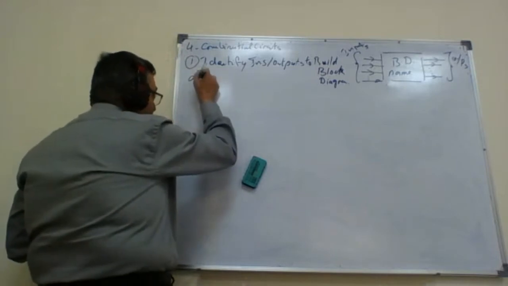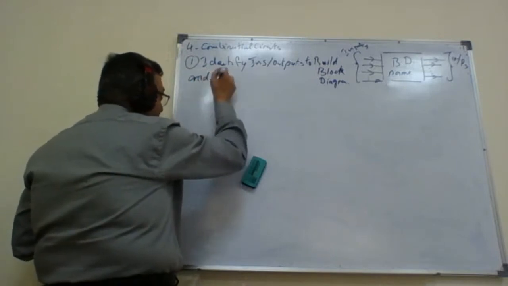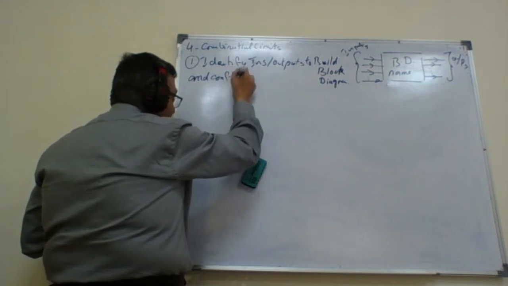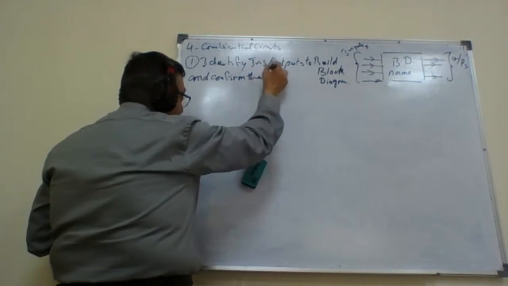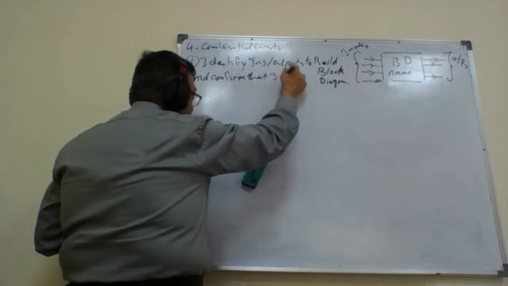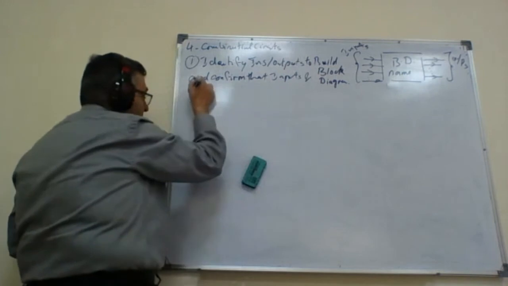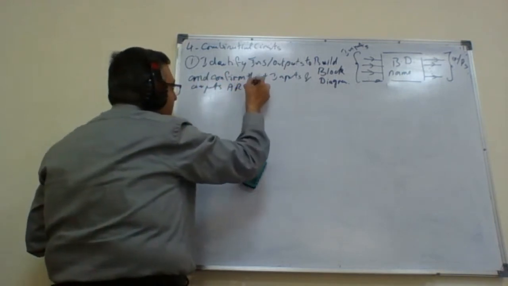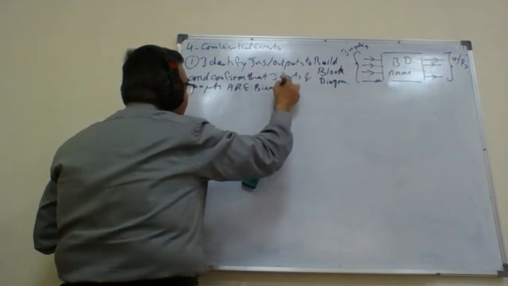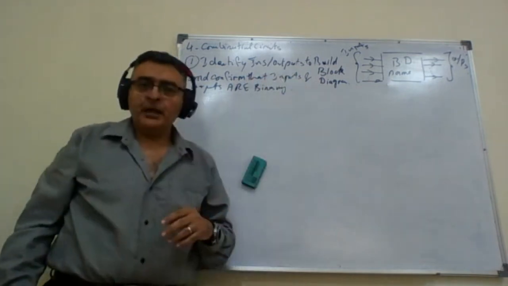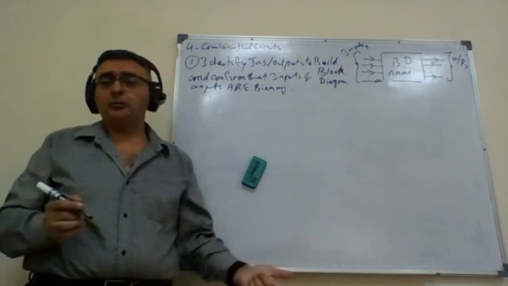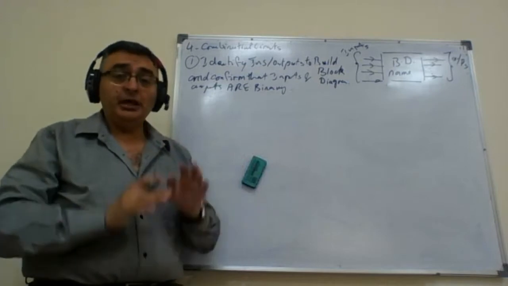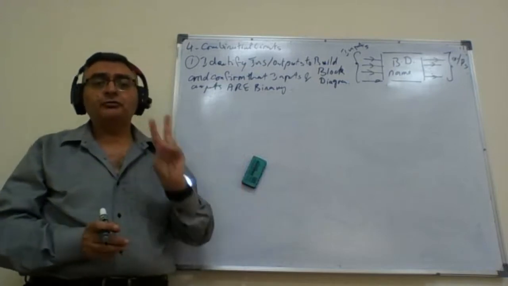And confirm that inputs and outputs are binary. If the inputs are binary and the outputs are binary, that means DLD has a solution for your problem. If not, you have one of two things.